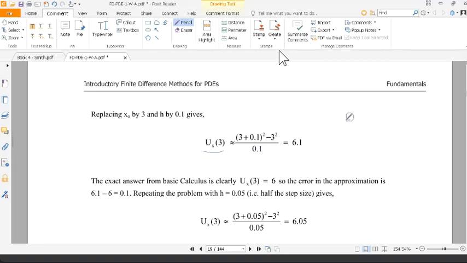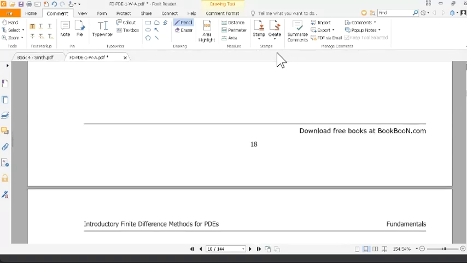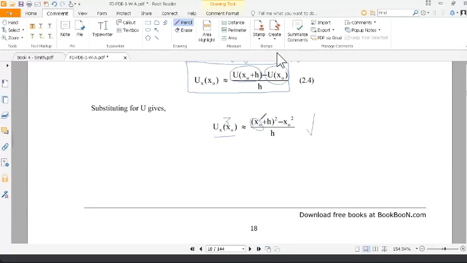What is the 0.1? What is it? It is h. Please be careful. It is h, in x0 plus h.